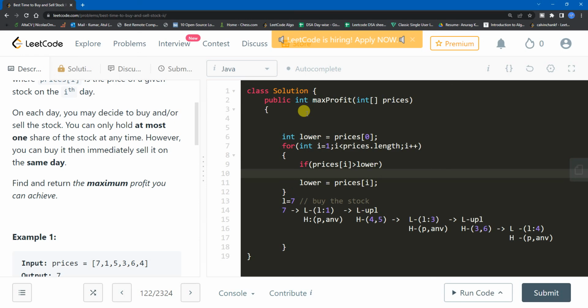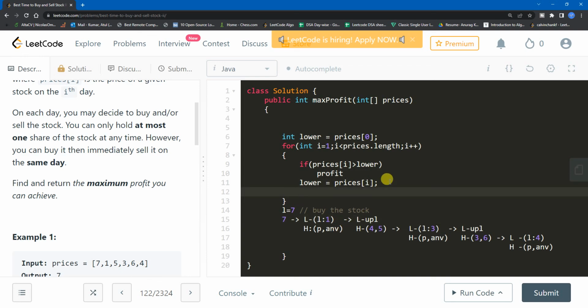This is basically the condition for profit. In both scenarios, the next value is either UPL, where we update the lower value, or A and B, where the next value is the lower value. So it is simply the price of the present day, and there is no need to write lower is equal to prices of i twice.